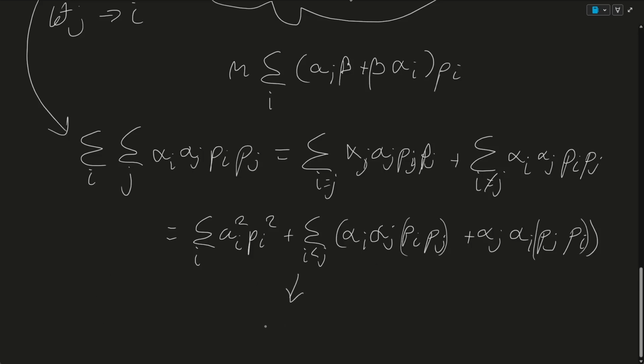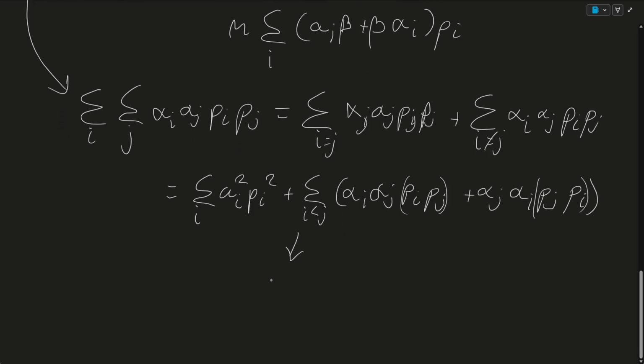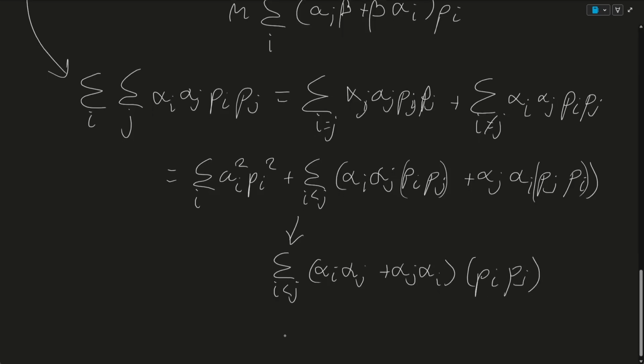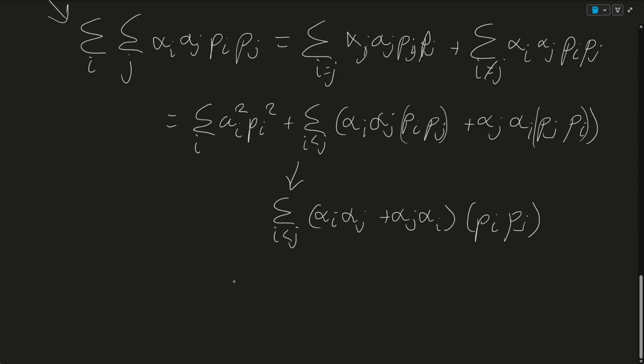So taking that final sum, this is the sum over i less than j of alpha_i alpha_j plus alpha_j alpha_i times p_i p_j. That's all good.